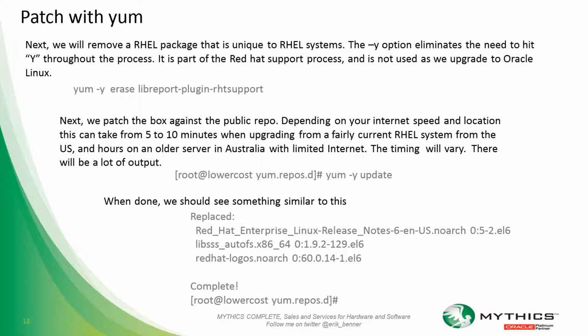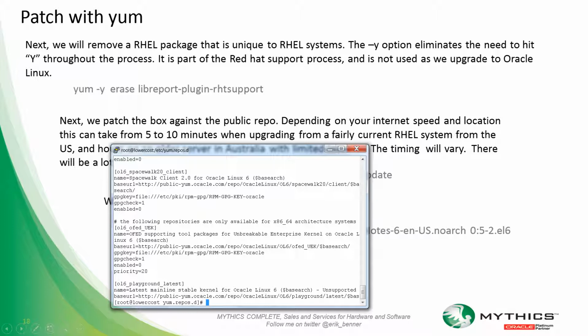The next thing we need to do is remove one package. So I'm going to kick off the remove here. We're going to remove this package because it's no longer needed. It's only used by Red Hat. It's a plugin for the reporting. We're going to use the -y option when we remove the package.